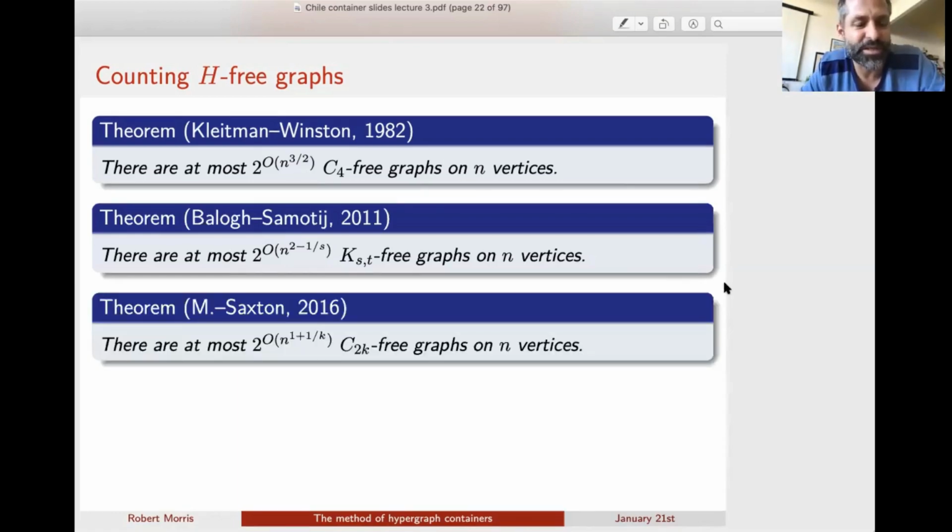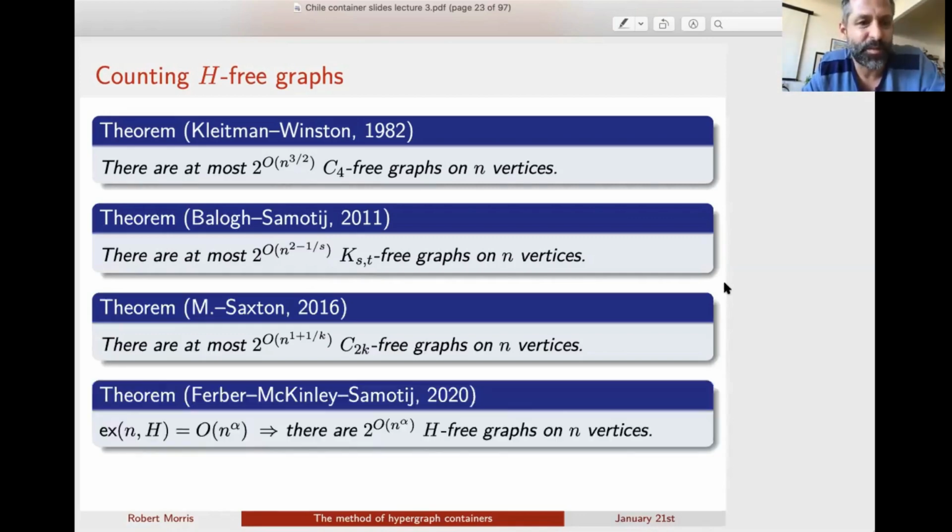And then with David Saxton, we proved a corresponding theorem for graphs avoiding even cycles. It appeared somewhat recently, though this was proved a few years ago. Ferber, McKinley, and Samotij gave a really beautiful argument that I'll discuss, essentially proving the edge conjecture, but not quite, subject to some annoying technical condition.